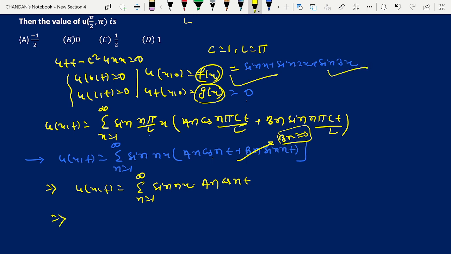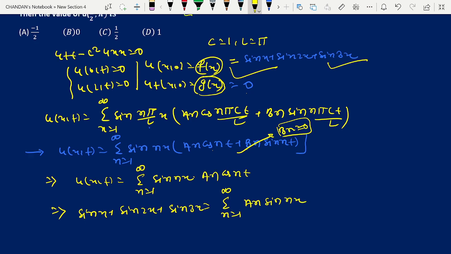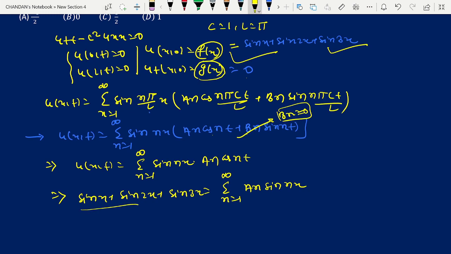Then what did we get? sin x, sin 2x and sin 3x, and the sum from 1 to infinity of a_n sin nx cos nt at t equals 0 and the value 1. So when is it possible? When these two are equal, only when a1, a2, a3 are equal to 1 and a_n is equal to 0 when n is greater than 3.